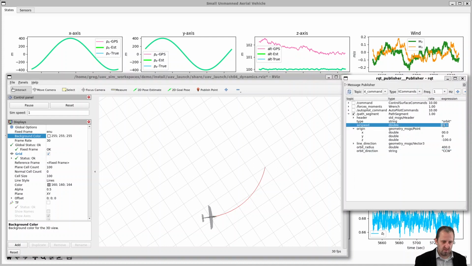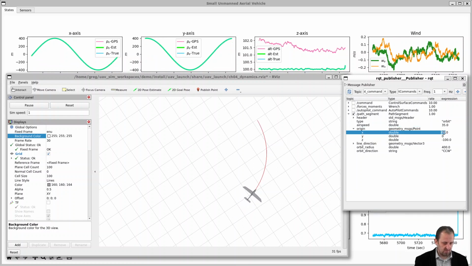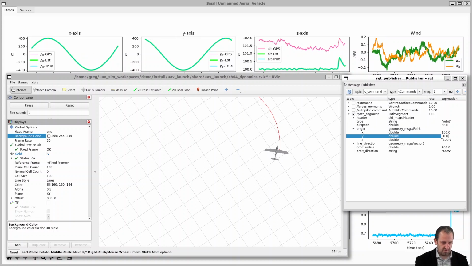Just want to review again, this is pretty cool because we define our orbit. We give it a speed, so we could speed this guy up, right? So we have a desired speed. We define it with an origin. So if we move this out to x being at 100, we're going to converge out to it. And we could even converge, let's say this is negative 100, so move it again, right?